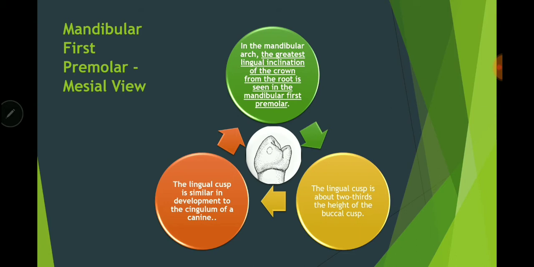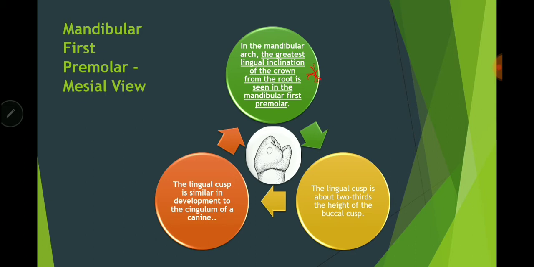Which tooth has the greatest lingual inclination? In the mandible, it's the mandibular first premolar. Now you have to remember this is very high-yield here, because the crown, you can see, is inclined lingually.